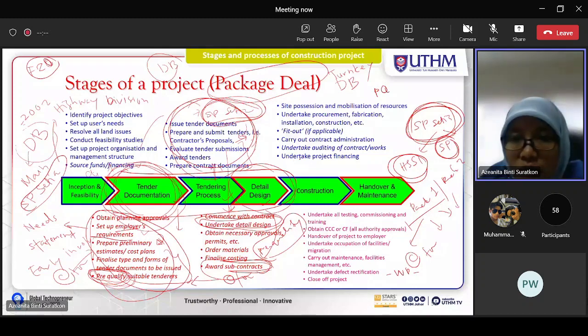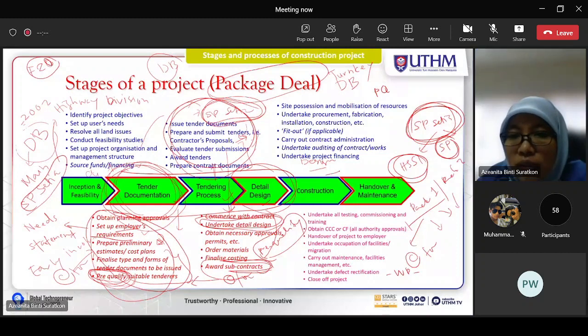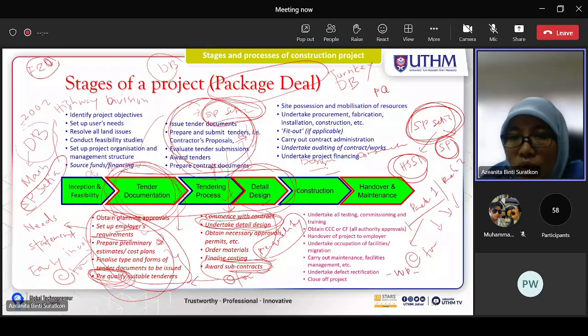For example, design for work packages: earthwork, road furniture, pavement, whatever. Once they complete the design for earthwork, they can straight away call for tender for subcontractor work. Meaning after that design, the work for earthwork will proceed.